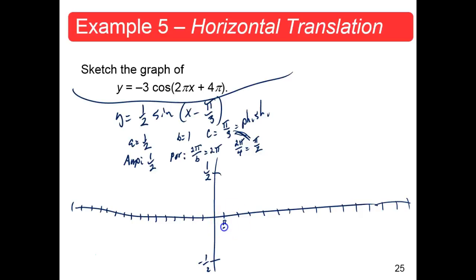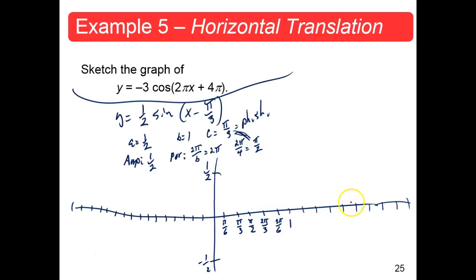This is pi/6, pi/3, pi/2, 2/3 pi, 5/6 pi. You don't have to do all these. 1, 2, 3, 4, 5, 6.